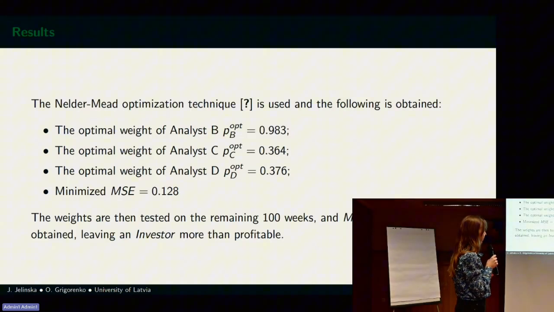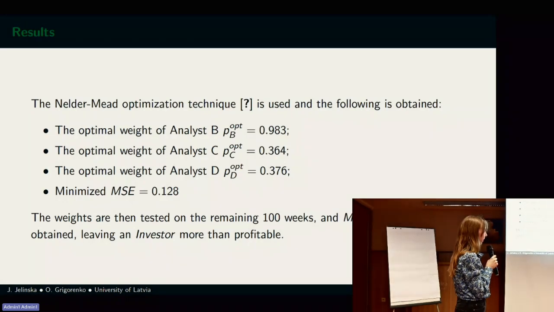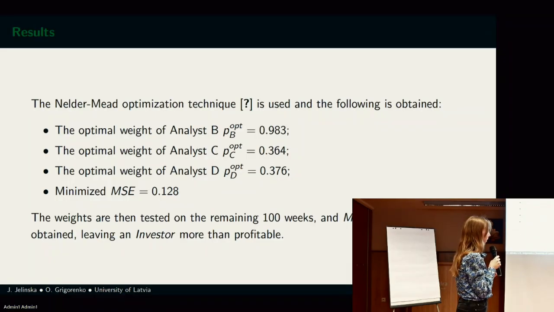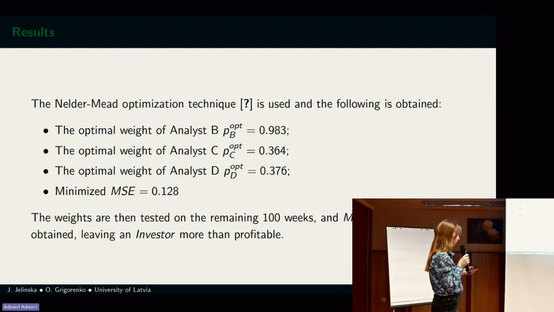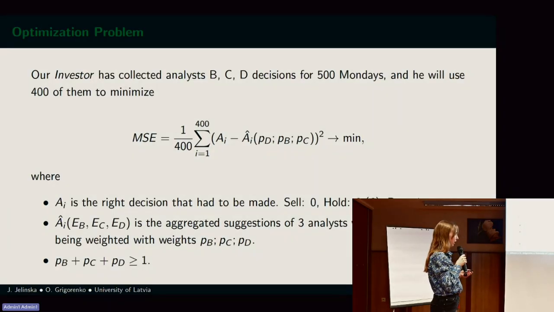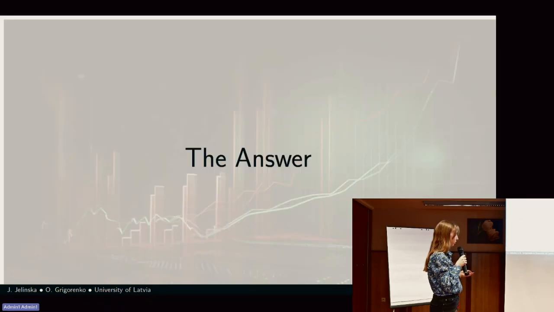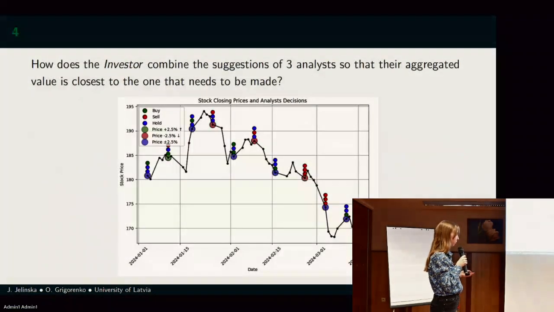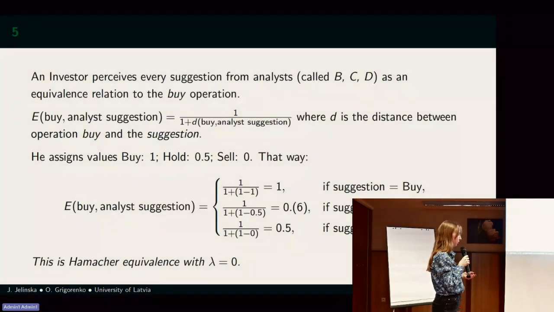What happens if we remove C and D analysts? So we still need to aggregate their values. And what else I want to stress is that here the value of the suggestion corresponds to these values.